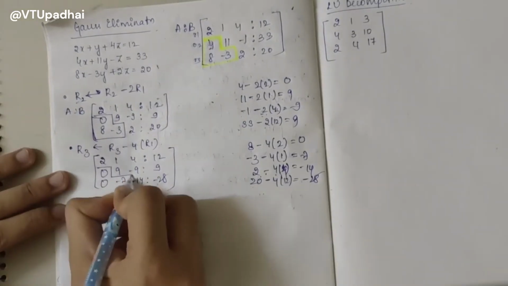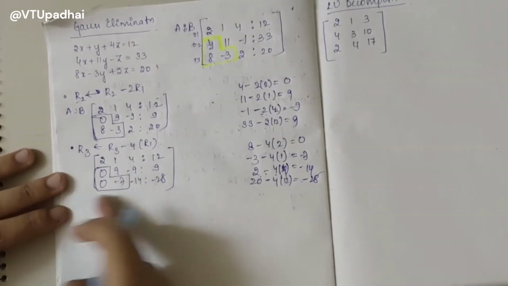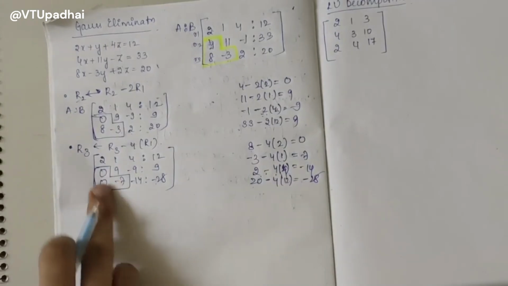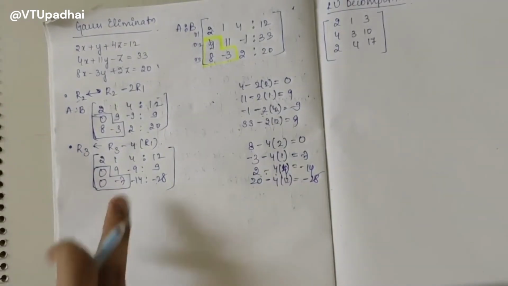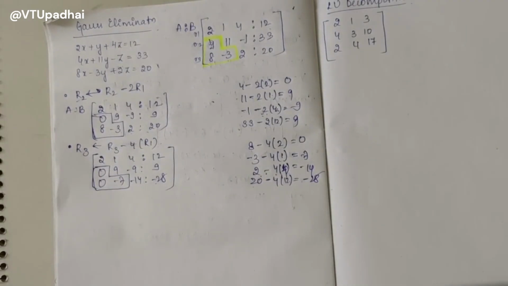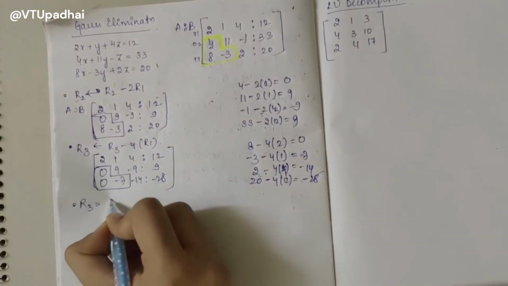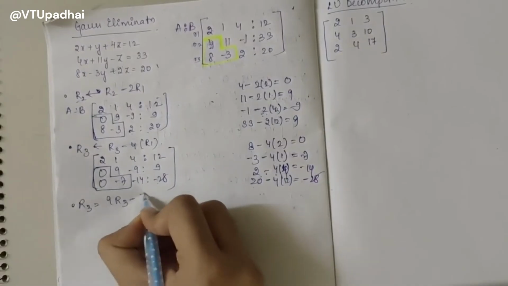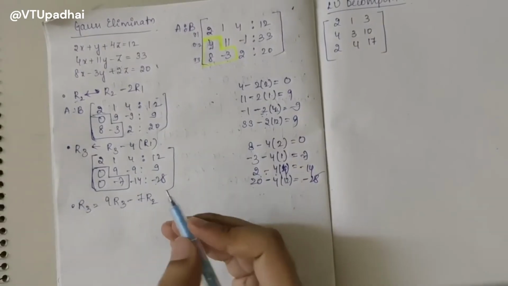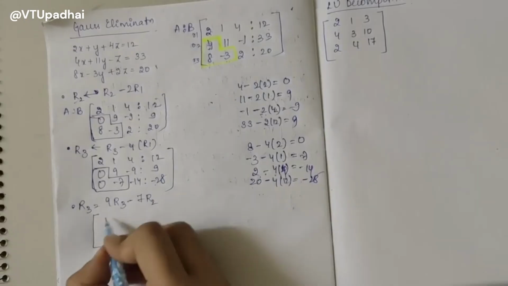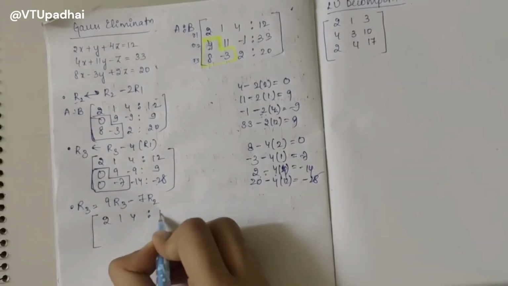So these are the values I've got. My aim was to get these particular values as 0. 0, 0 is obtained. Now here minus 7, I need to convert it to 0. For this, I'll write R3 as 9 times R3 minus 7 times R2. If I write the matrix, I'll get 2, 1, 4 and 12 as it is.